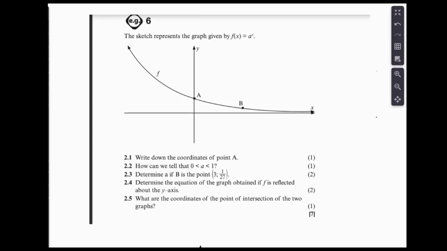So let's go to the question. Okay, we're going to write down the coordinates of point A. So point A cuts on the y-axis. That means at that point x is 0. So we have the value of f of x.